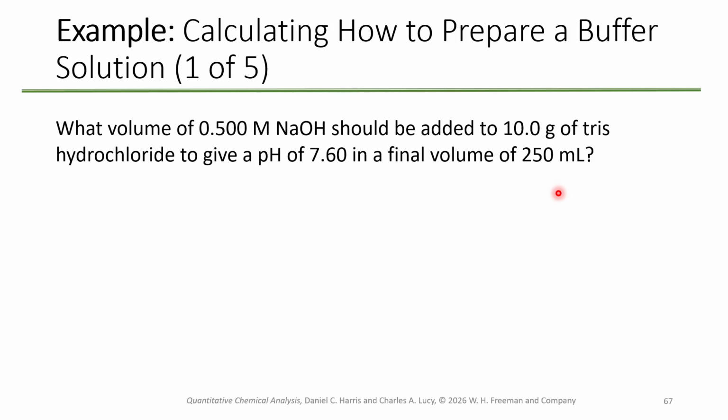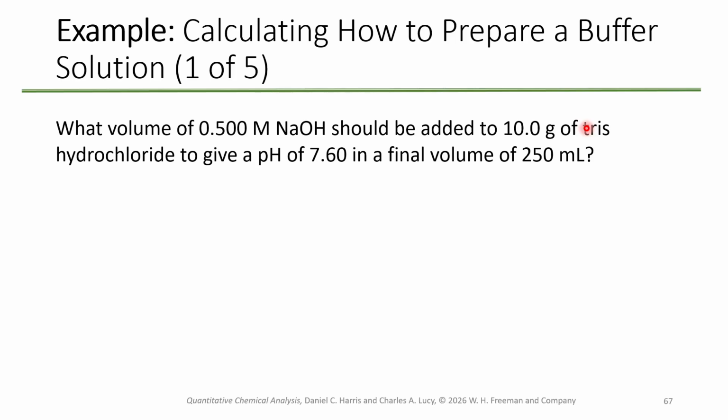So how do we start this problem? We need to get into moles, don't we? Okay. Right now we have grams of Tris, right? Everything else is related to moles, isn't it? And molarities. Okay, so we need to take 10 grams and divide it by the molecular weight, right? And that's going to give us our moles.